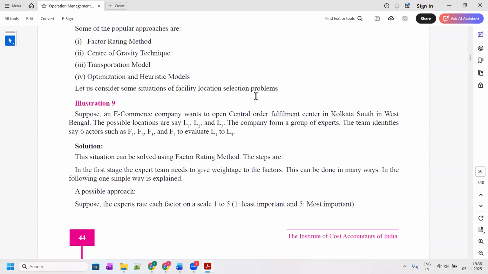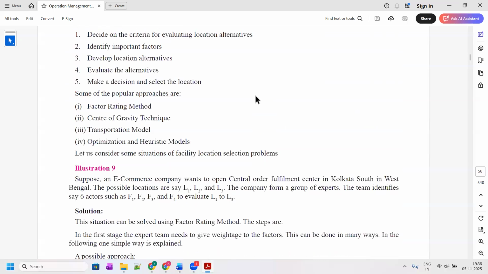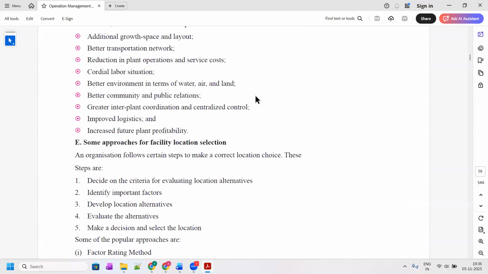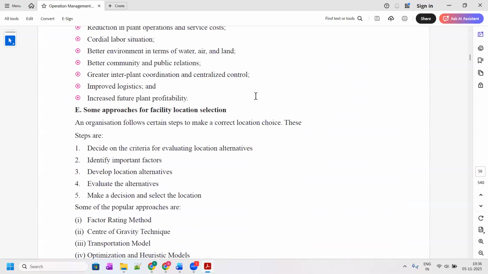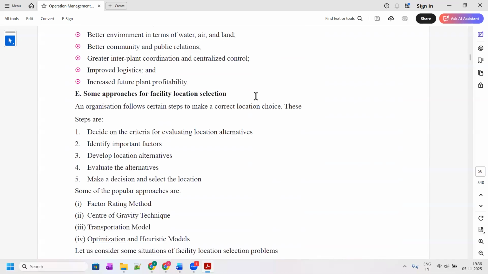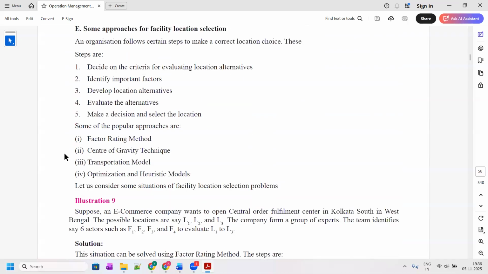So we'll talk about the approaches for facility location selection, and for that we'll talk about these methods, like the factor rating method. Factor rating method is basically about giving scores or weights to different factors and calculating the total to find the best location.